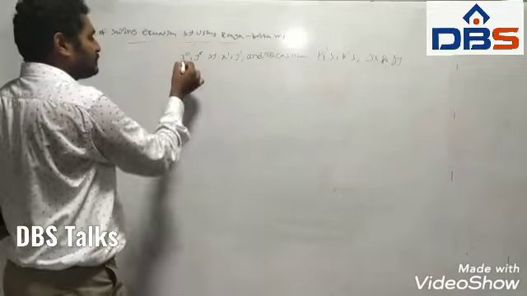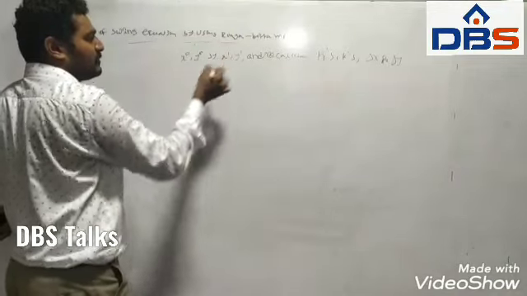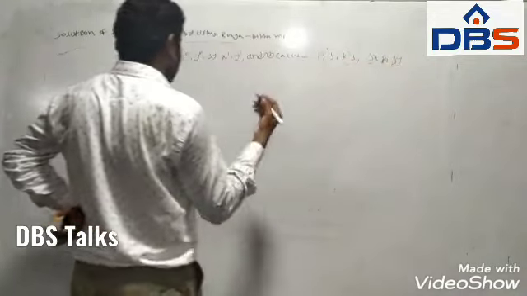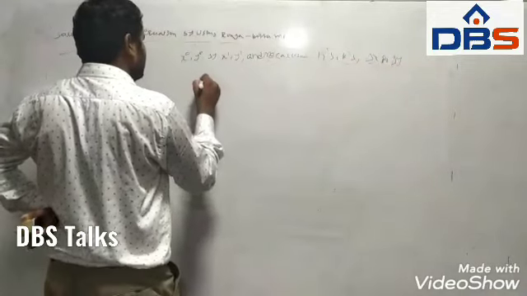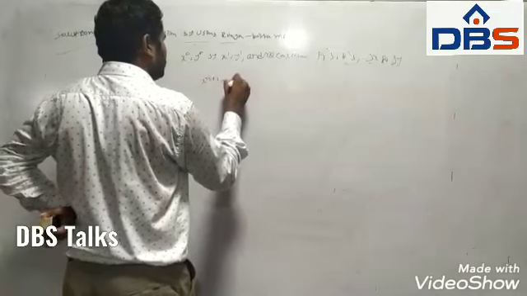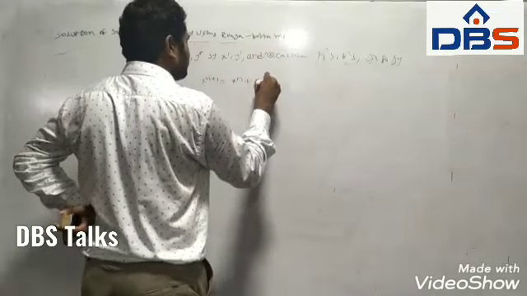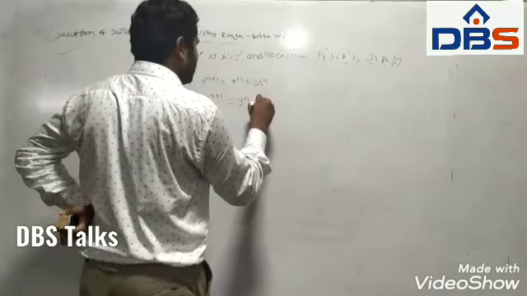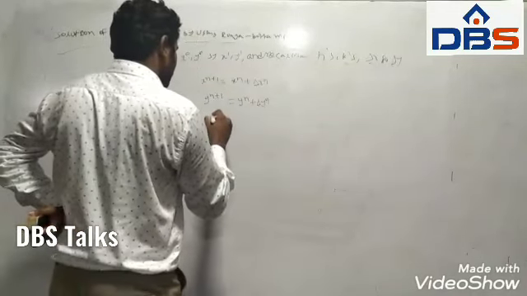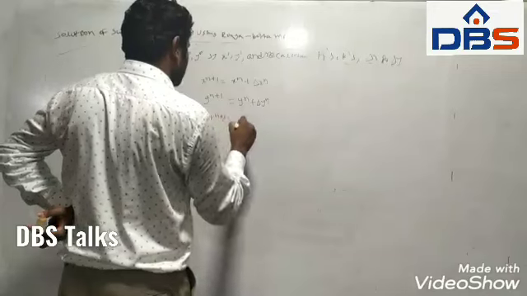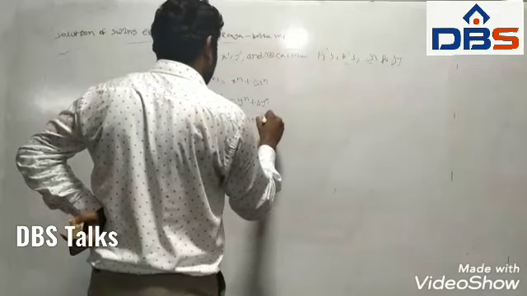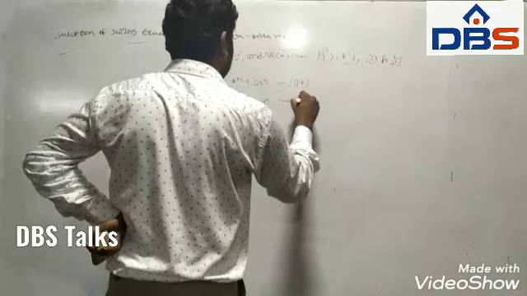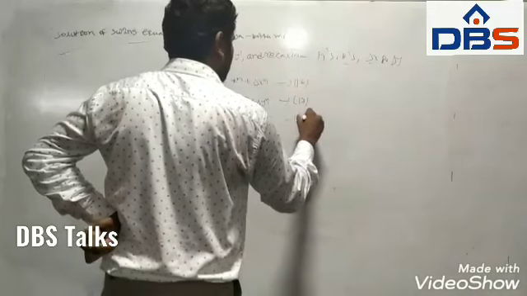Here we generally write x power n plus 1 is equal to x power n plus delta x power n. At the same time, y power n plus 1 is equal to y power n plus delta y power n. Here t power n plus 1 is equal to n plus 1 into delta t. So treat this equation as 16, 17 and 18.